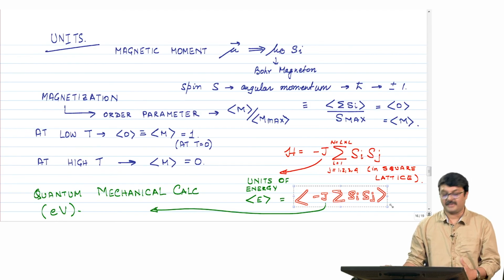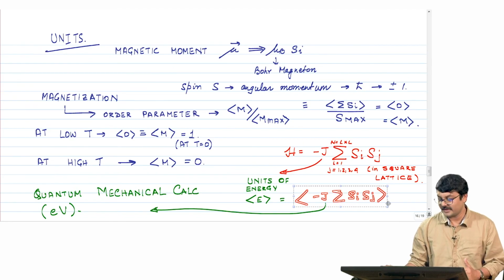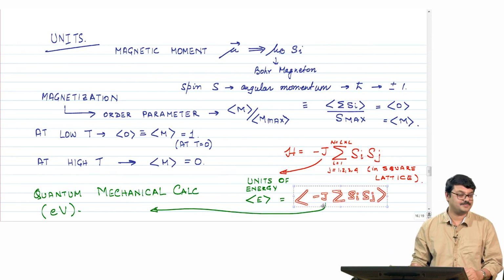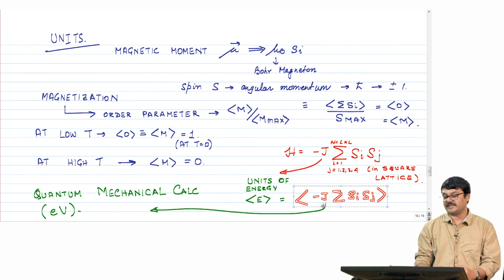To calculate the thermodynamic or the average energy, one has to take an ensemble average: you generate different microstates, calculate the energy, and average over these microstates.